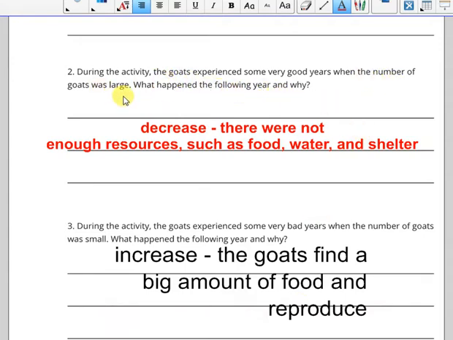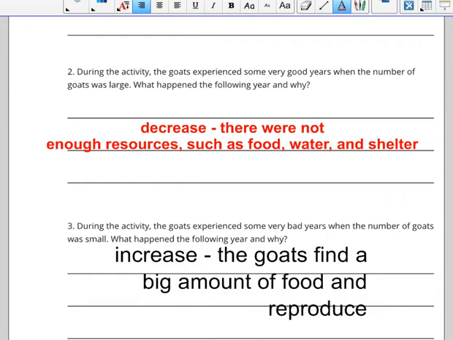The next round the number decreased. Why? Because there is no food, no water, no shelter. What happened to the number when the number is small? It increases. Yes, the goats find a big amount of food and they reproduce, or give birth.